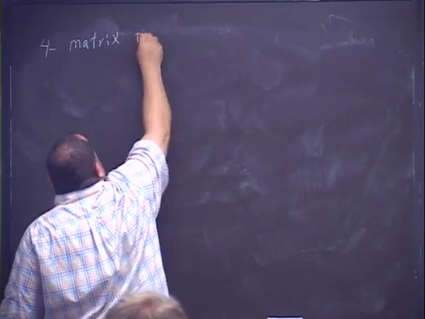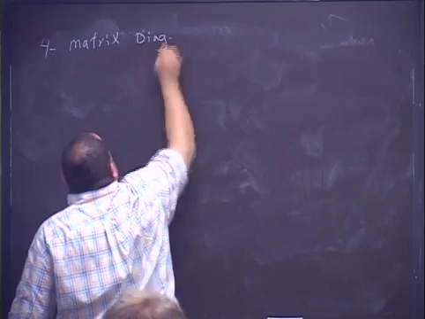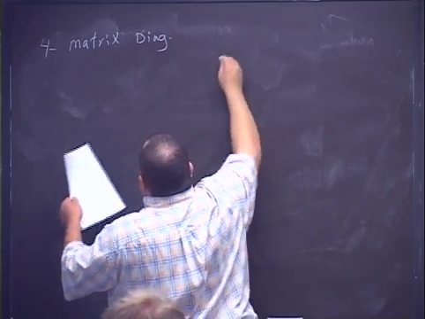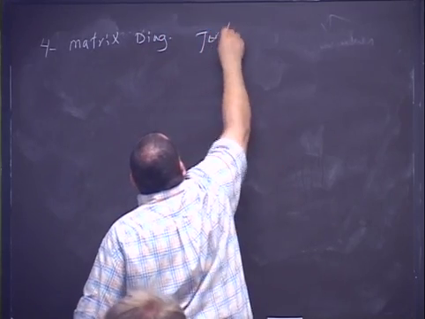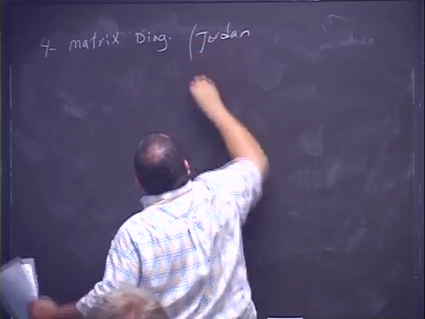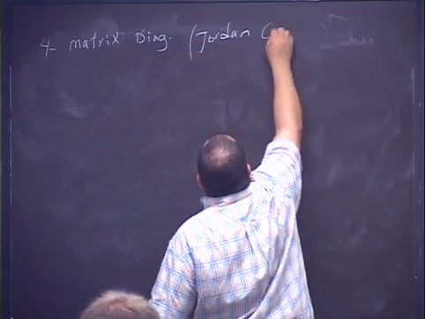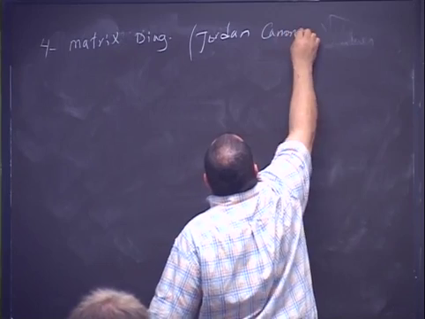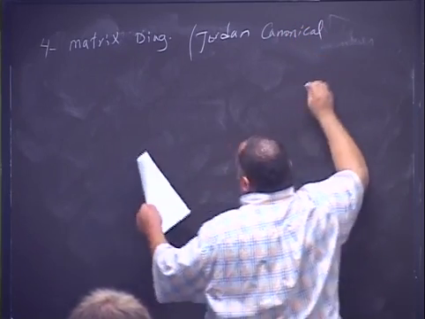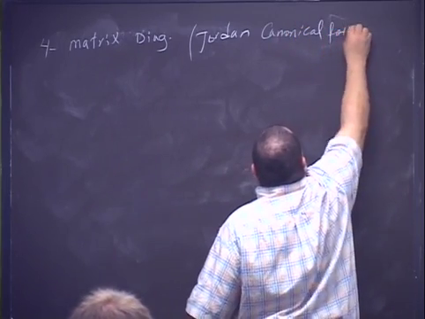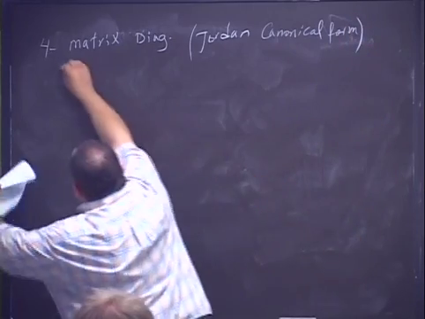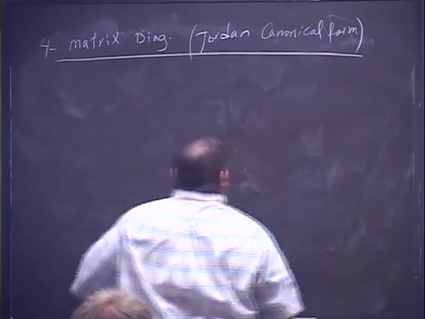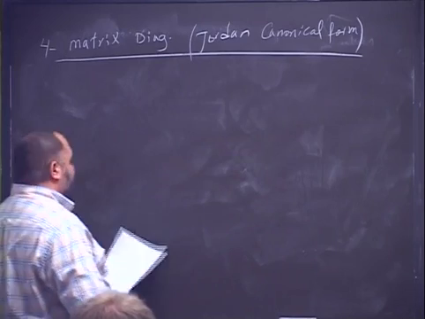Matrix diagonalization, they sometimes call it Jordan canonical form. So we just showed how to do it. So let's go and do it for this example.